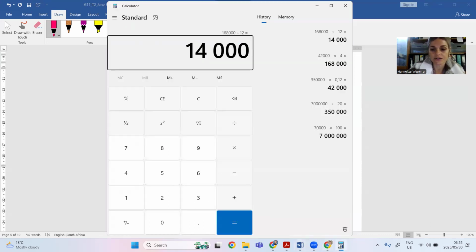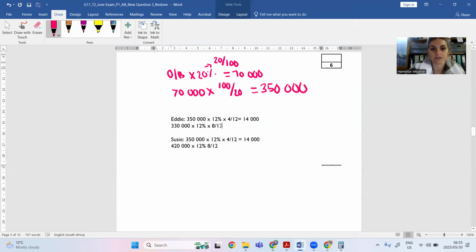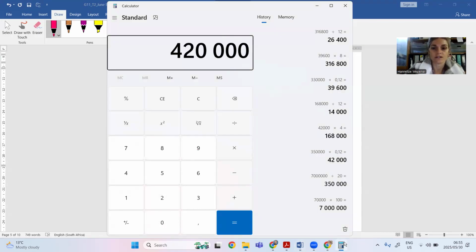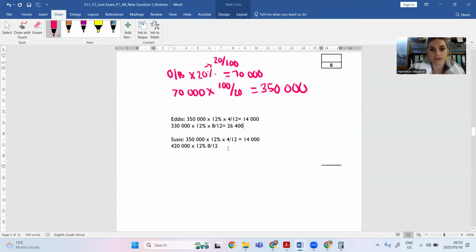Then Eddie decreased his capital, earning 12% interest for 8 out of the 12 months. So that's 26,400. And then for Susie, she then had 420,000, earning interest at 12% for 8 out of the 12 months. So 33,600.